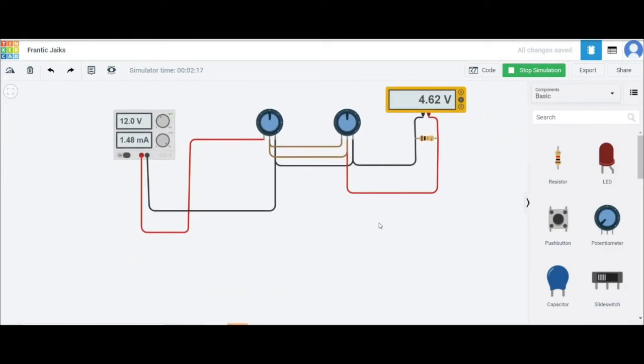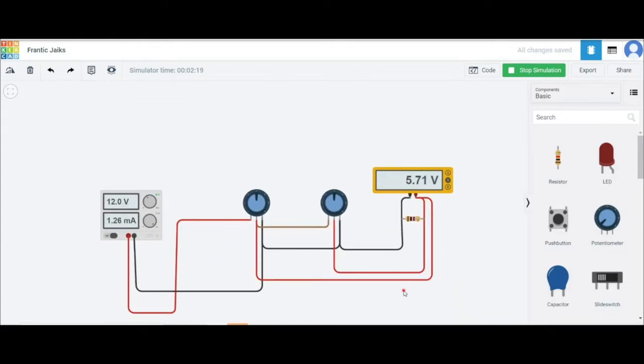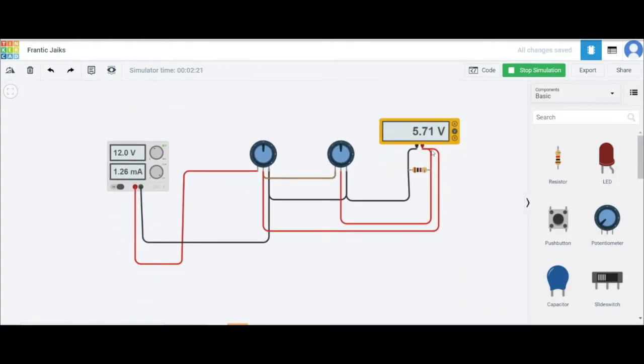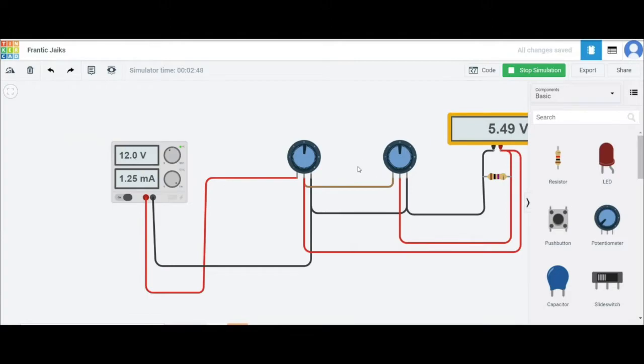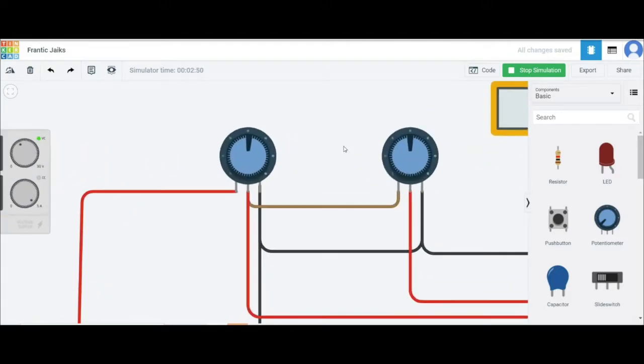Coming to the second, which uses the meter having the 100 mega ohm internal resistor, I just vary this potentiometer and put it at the middle so that I can compare with the first circuit diagram using the 10 kilo ohm internal resistor. For this, the result is around 5.49 volt.